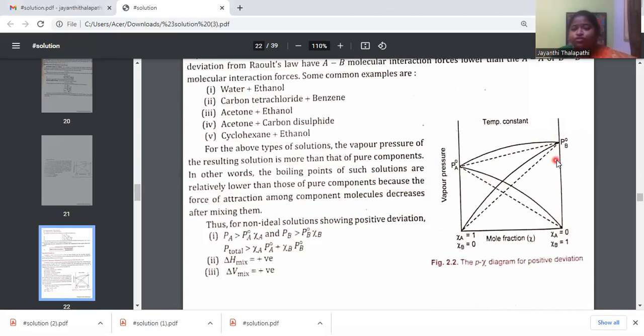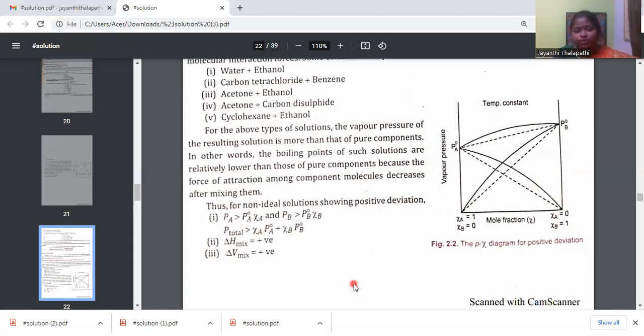Positive deviation means the boiling point is relatively lower than that of the pure components, I mean the mixture boils at a lower temperature than water or ethanol. Here the total pressure, the pressure of the mixture of water and ethanol for example, is greater than the pressure of A and the pressure of B. Here delta H mix is positive and delta V mix is positive.